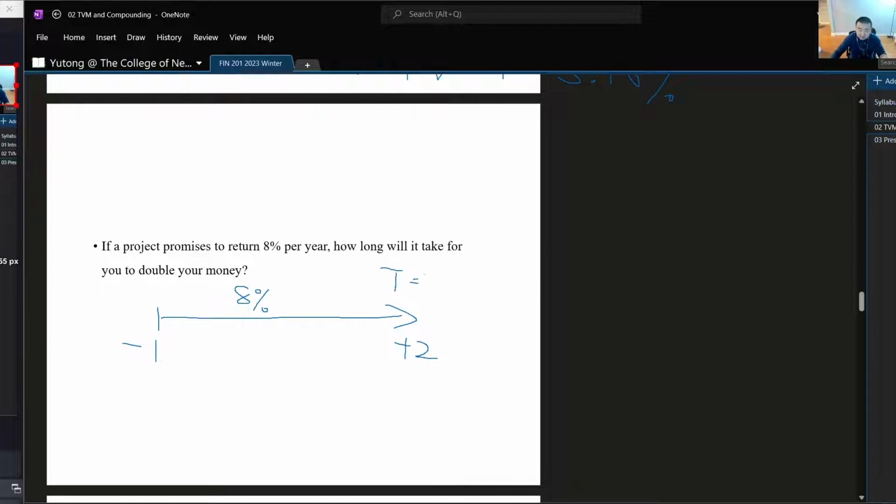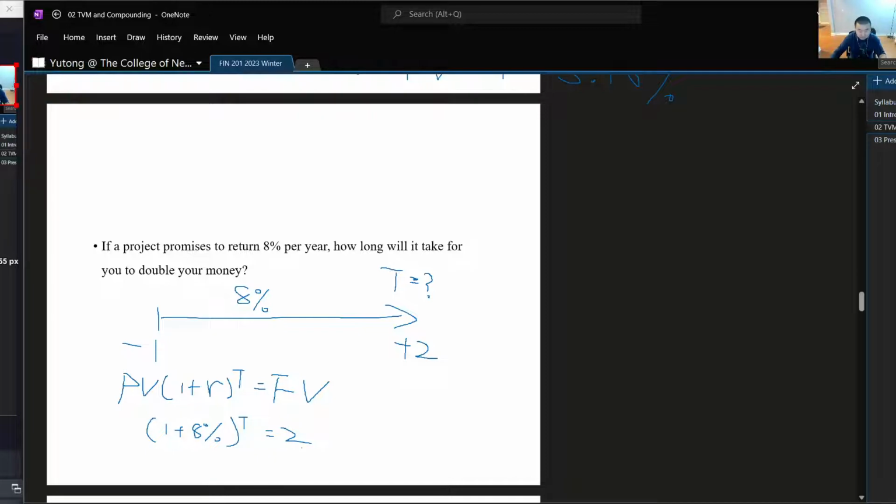What's the number of years it takes to double your money? It's the same setup. Present value times 1 plus r to the power of t equals the future value. So 1 times 1 plus 8% to the power of t equals 2.